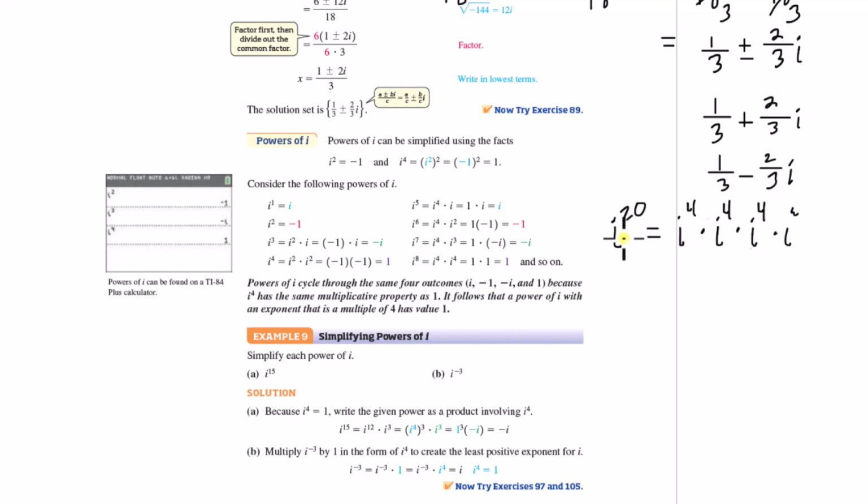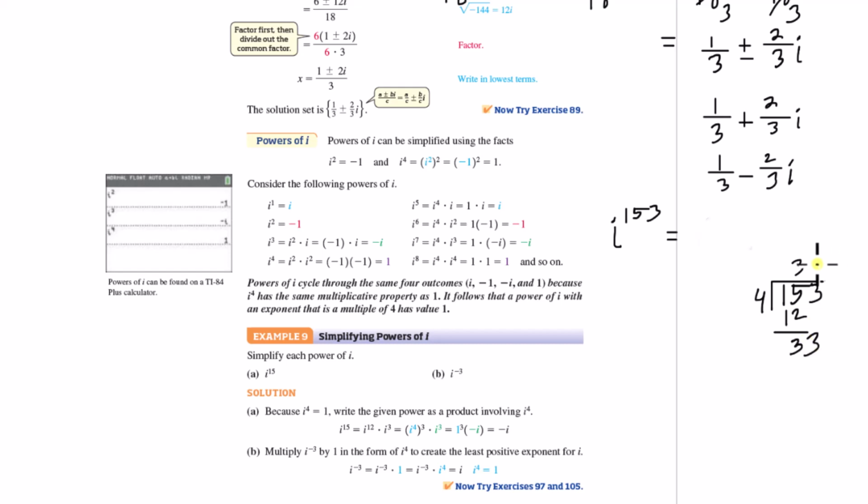So all we need to do is, if we've got i to the 153 power, okay, all we need to do is take 153 and divide it by 4. So 4 times 3 is 12, and 8 times 4 is 32.